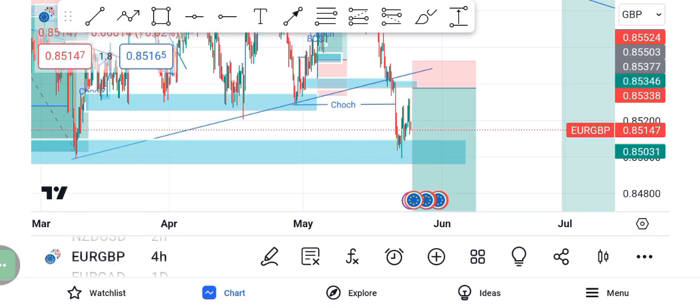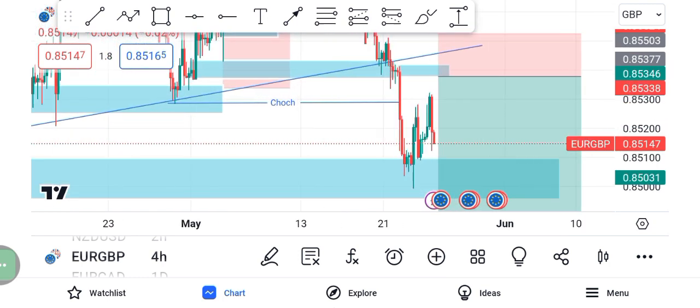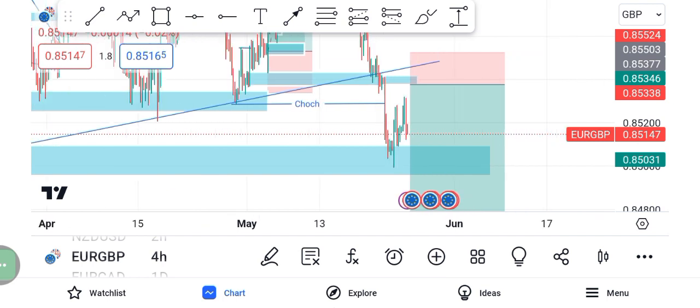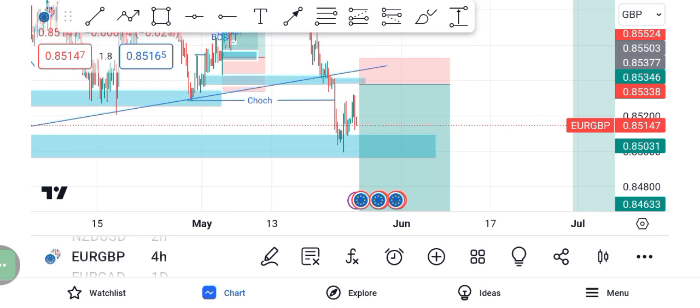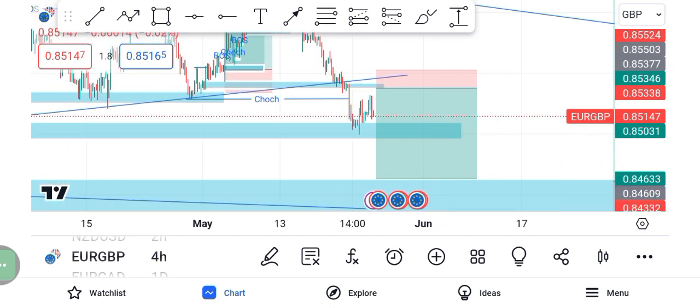Like I said from the start of this video, I like using multiple confluences apart from smart money concept confluences. If I see other confluences from other strategies, I just use them. I incorporate other strategies, price action strategies. It just gives me that additional confidence that the trade will definitely go.